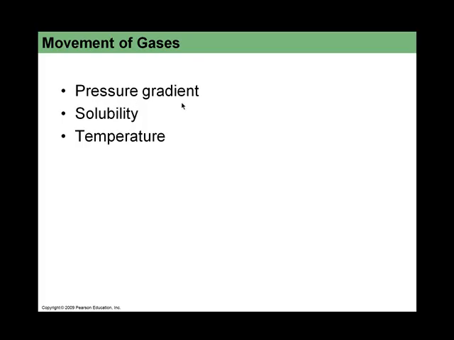So the movement of gases, the pressure gradient, the solubility, and the temperature are very important. Quite obviously you need to read more extensively on these topics in the textbook to get an enhanced feel for these, and you should take advantage of the opportunities to do the quantitative problems in the textbook to gain a better working knowledge of these parameters for determining some of these biophysical properties, and how they are assessed or how they would appear under normal conditions and under abnormal conditions, or just transients within normal range from resting to active state.